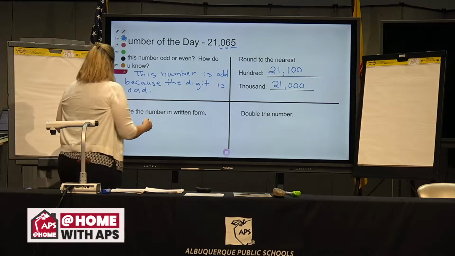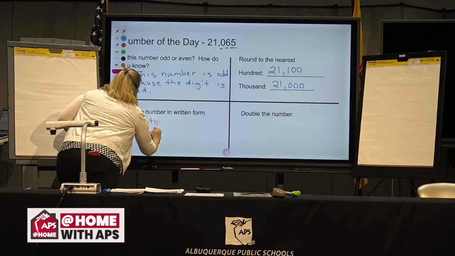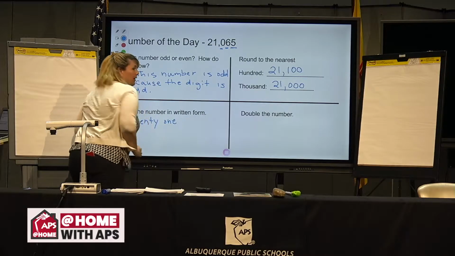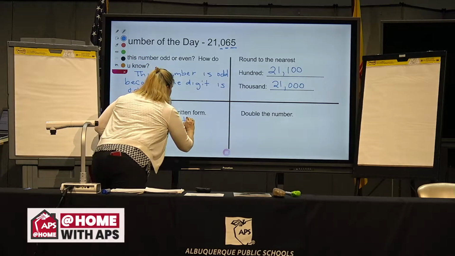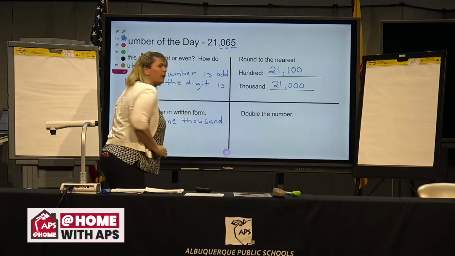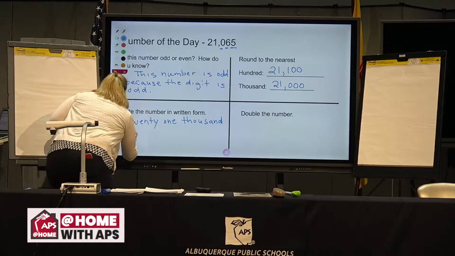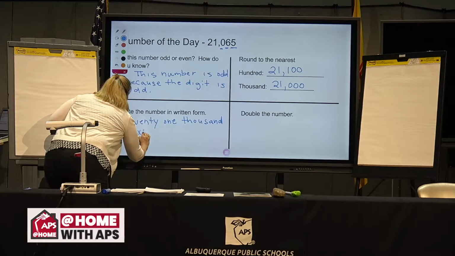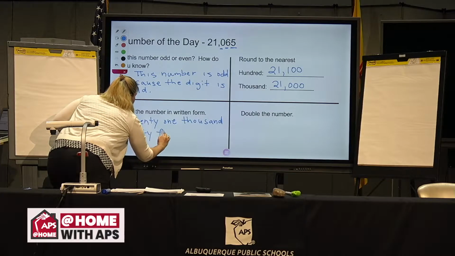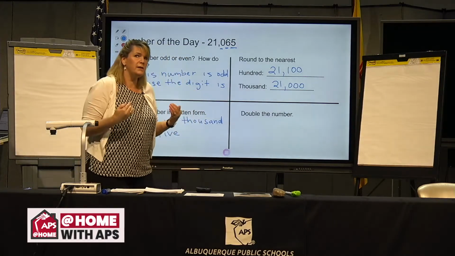So in this case, we have 21, hopefully I spell this right, 1,000. Would I put an and in here? No, because it's not a decimal. 65. That's the number that we have in written form.